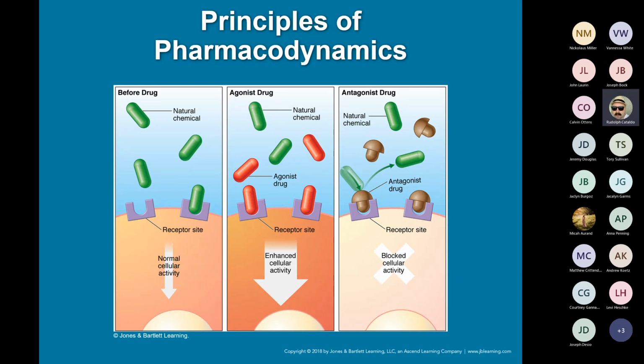As opposed to the antagonist on the far right, those little brown, what Mario Brothers mushrooms is what they look like to me, are kicking out the drug and then taking the place. But now they're blocking it. So let's just say Narcan just kicked out fentanyl and is going to sit in that receptor site now. That's an antagonist.